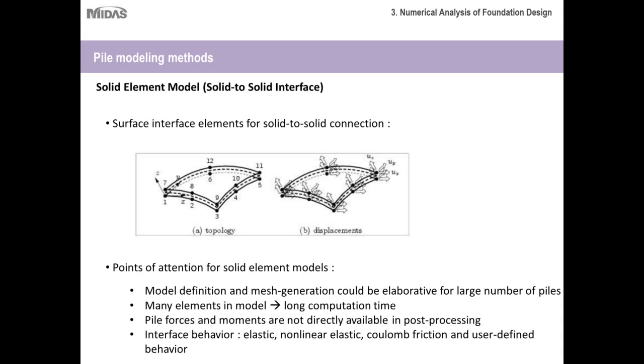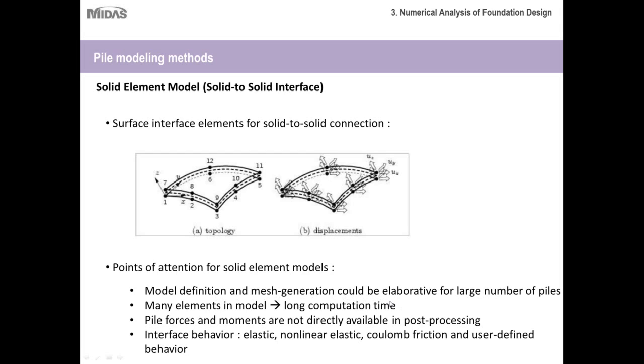I'll not go into too many details for now. I'll rather focus on the highlights that you should take from here. For this type of modeling, the model definition and mesh generation could be elaborate for a large number of piles.